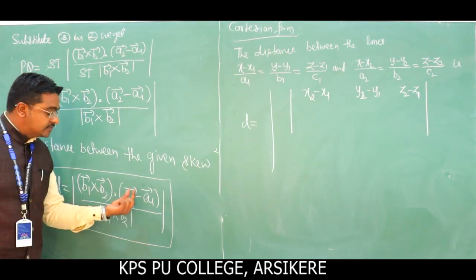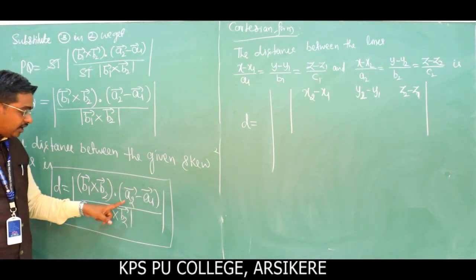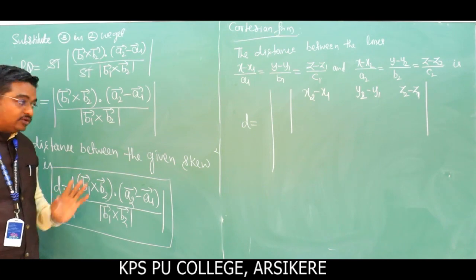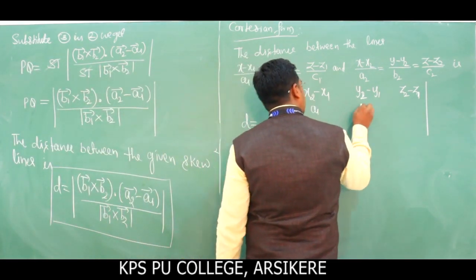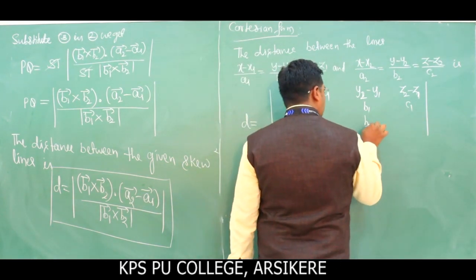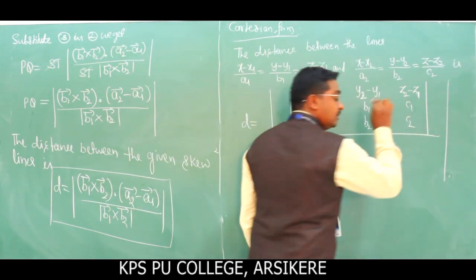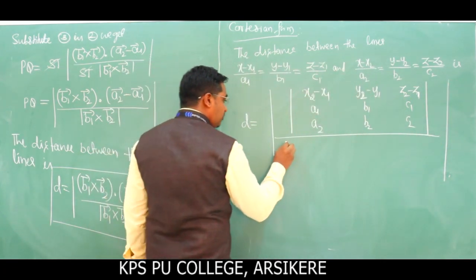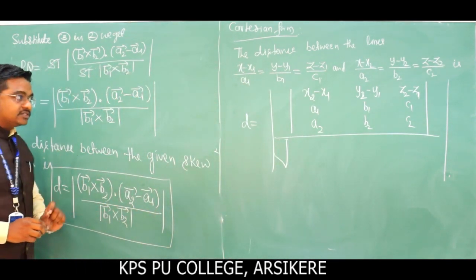So a1 is x1 i cap plus y1 j cap plus z1 k cap, and vector b1 cross b2 is it. So this becomes the determinant a1 b1 c1, a2 b2 c2, whole divided by, this is important, square root of the magnitude. Look, the magnitude of b1 cross b2.